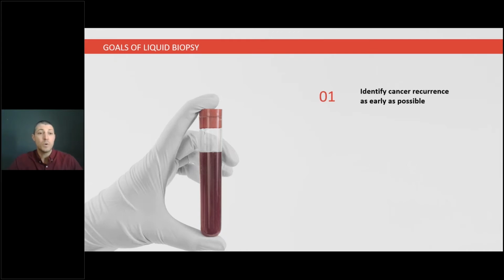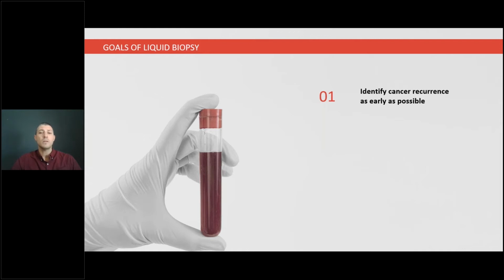What are our goals with liquid biopsy? The main goal for us is that we want to identify cancer recurrence as early as possible, and this especially in patients who are at a high risk.